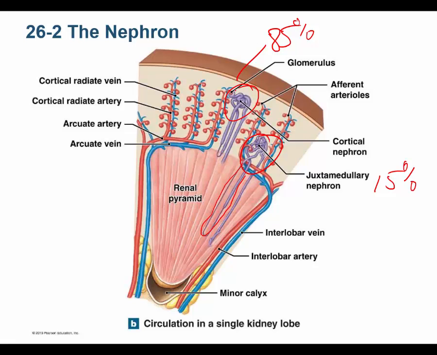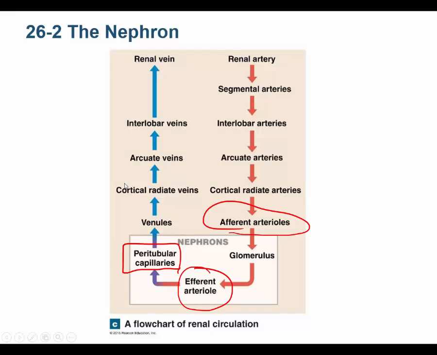So the efferent arterioles up here from this cortical nephron would become peritubular capillaries, whereas the efferent arterioles from this juxtamedullary nephron would become vasa recta capillaries. So this picture right here is obviously showing you blood flow going up to a cortical nephron, because the capillaries being formed there are the peritubular capillaries.